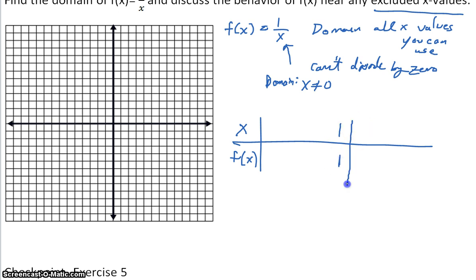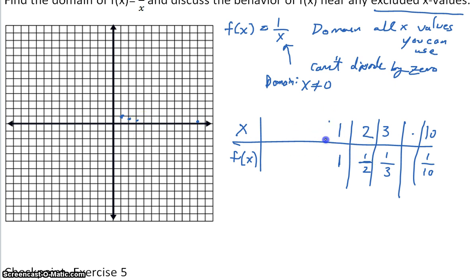If I take 1 divided by 2, I get 1/2. If I take 1 divided by 3, I get 1/3. If I take 1 divided by 10, I get 1/10. So if you look at this graph, what seems to be happening is I have a point here, then here, then here, and it's going closer and closer to the x-axis.